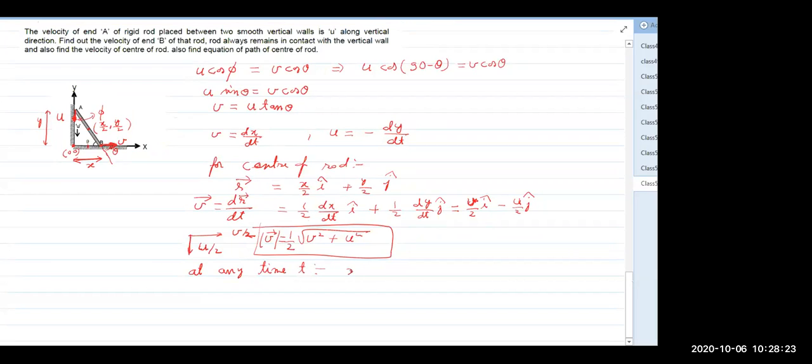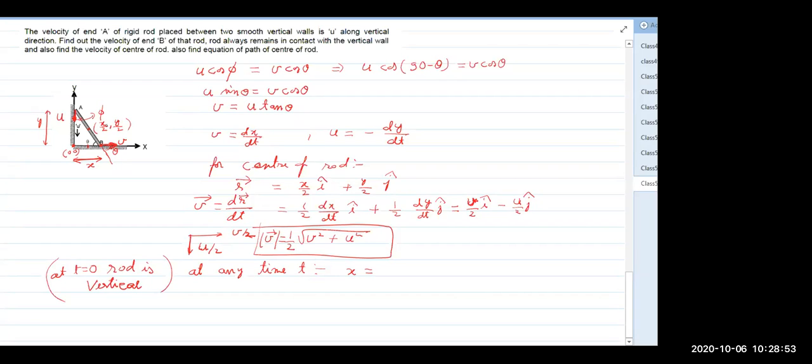What will be the x position? If you start, initially the rod was perfectly vertical. We will assume that at t equal to 0, the rod is vertical. So what will be the value of x?